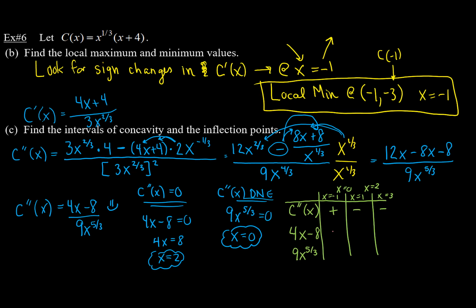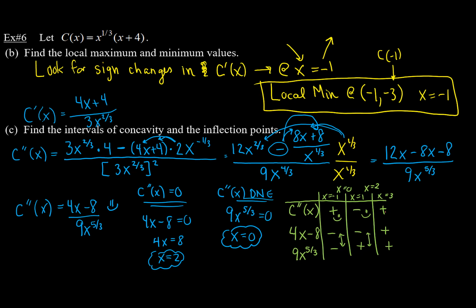If I plug it into the 4x minus 8, I see I'm going to get a negative, negative, positive. And if I plug it into the 9x to the 5/3, I'm going to get negative, positive, positive. And notice, if I multiply negative by negative, I get positive. Negative by positive, I get negative. And positive, positive, I get, oh wait, positive.